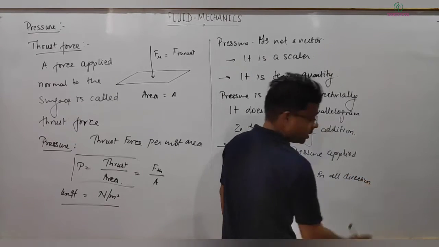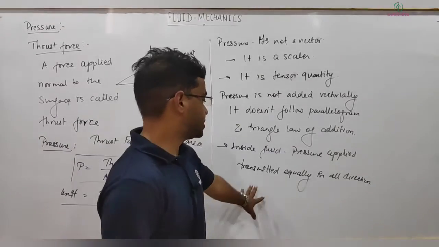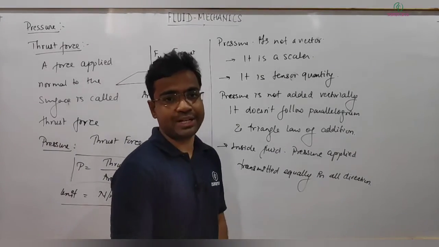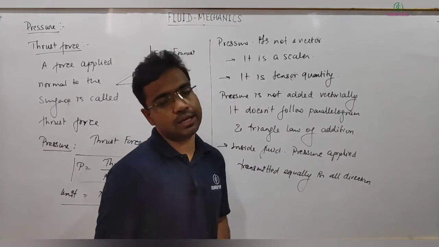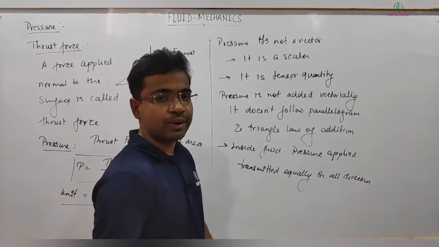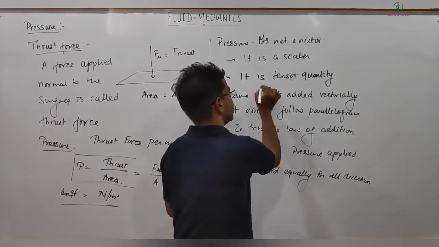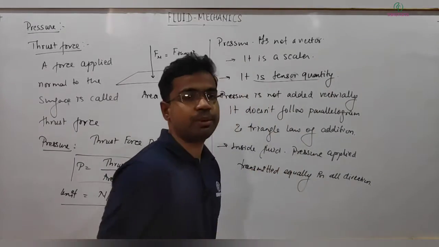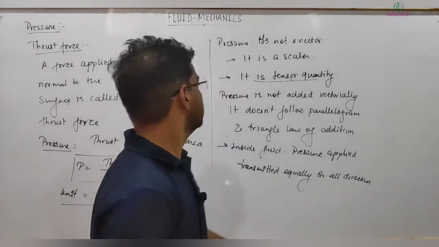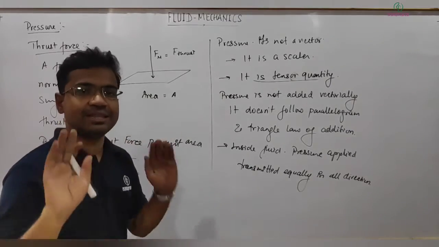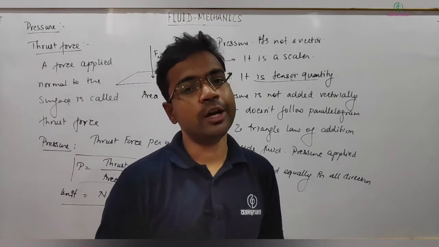These are a few properties of pressure which differentiate it from vector quantities. So that's why sometimes we simply call it a scalar quantity when talking about vector or scalar, or, because of these properties, it is also called a tensor. So that is the simple definition: thrust force per unit area is called pressure.